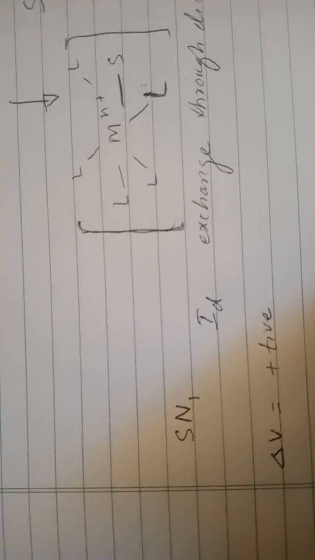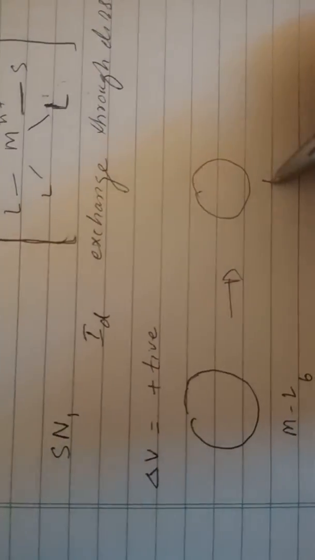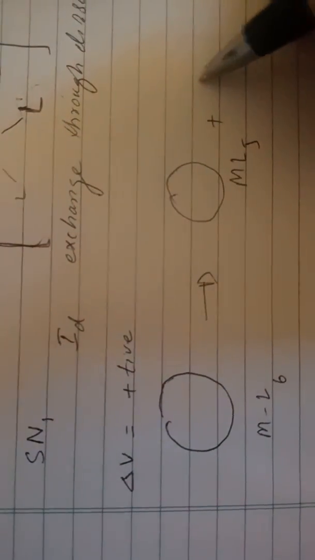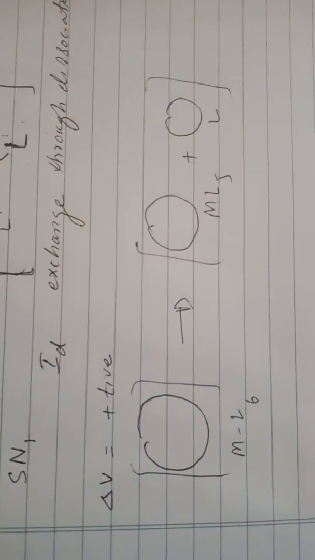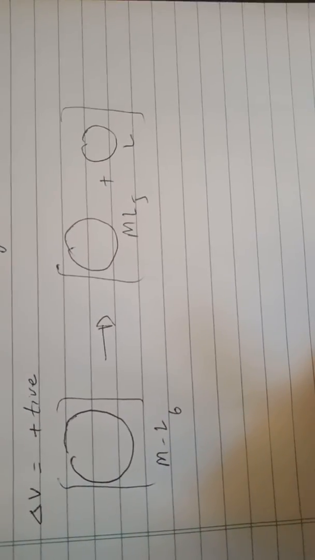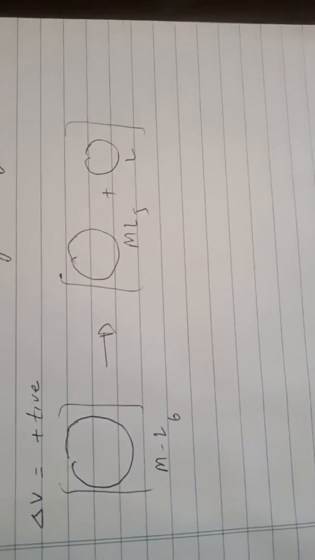Because if we have a metal solvation sphere or metal ligand complex, like in this case we have ML6 that is broken to ML5 plus L, and here we can see that the overall volume of the system is increased. It means that the fragments occupy more volume as compared to the original metal ligand complex.